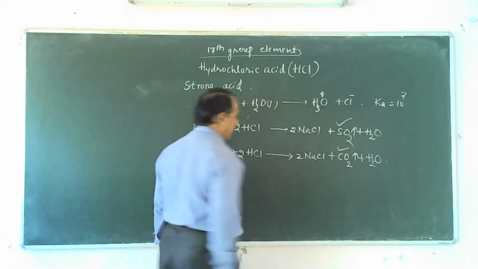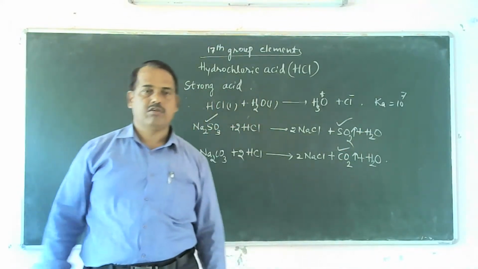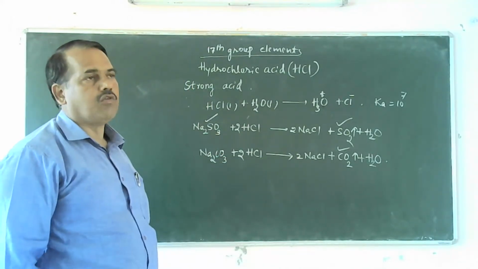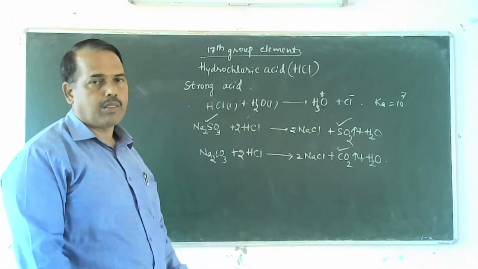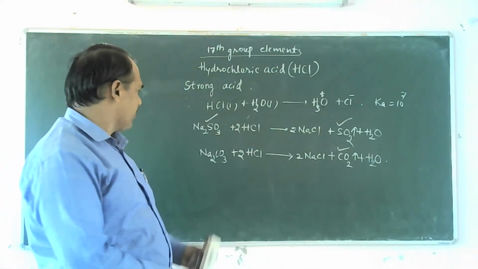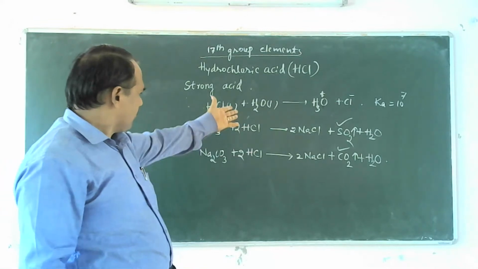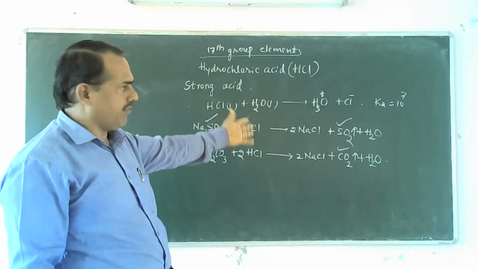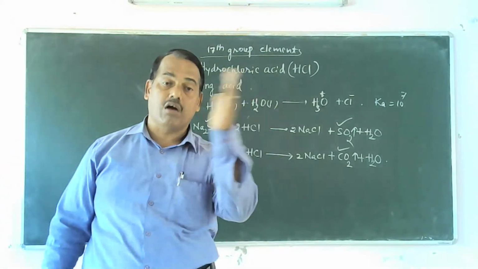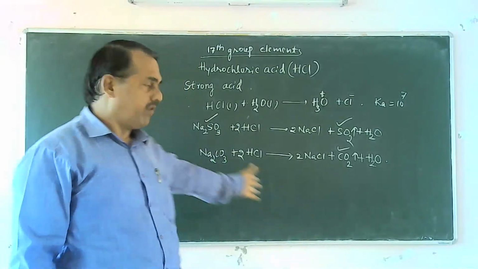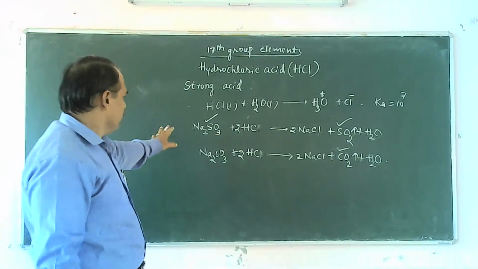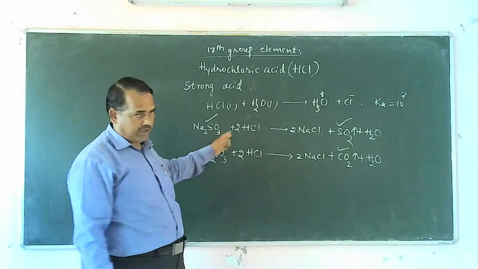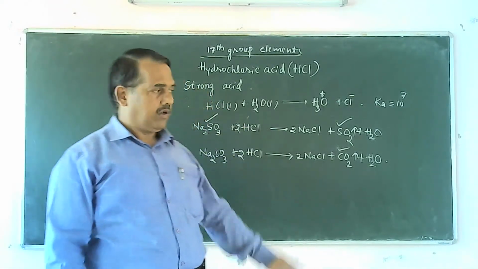In all of these you can see sulfur dioxide gas and carbon dioxide gas on the product side. So what is the general analogy? You have to remember, hydrochloric acid liberates carbon dioxide or sulfur dioxide gas from its weak salts, like sodium sulfite, sodium carbonate and sodium hydrogen sulfate.